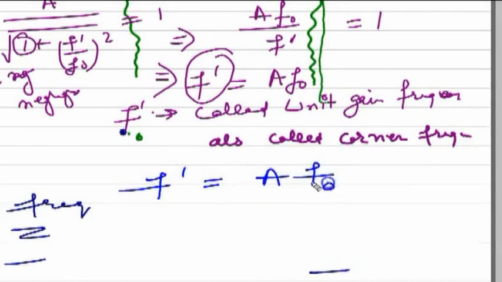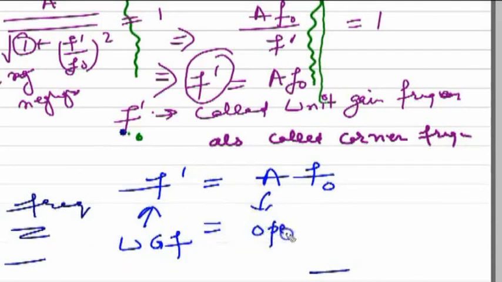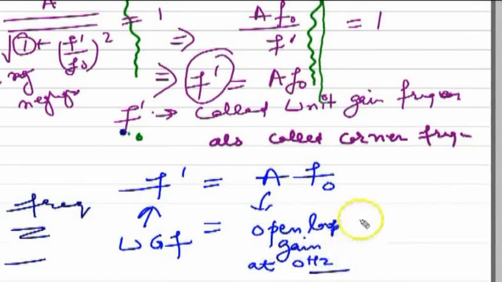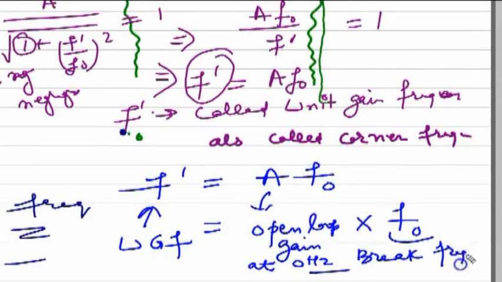Here A is the open loop gain when the frequency is equal to 0, when no AC is applied or at 0 hertz, multiplied by the break frequency, which is F naught. So this is a very important formula.